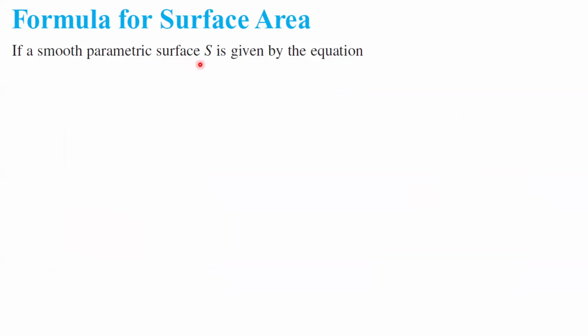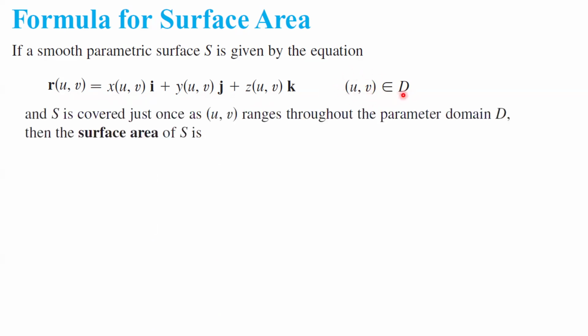If a smooth parametric surface S is given by the equation r(u, v), where these two are your parameters, and it's denoted by x(u, v) in the direction of the x-axis plus y(u, v) in the direction of the y-axis plus z(u, v) in the direction of the z-axis, with the condition that u and v belong to domain D, and S is covered just once as u and v range throughout the parameter domain D, then you can calculate the surface area of S with the following formula.